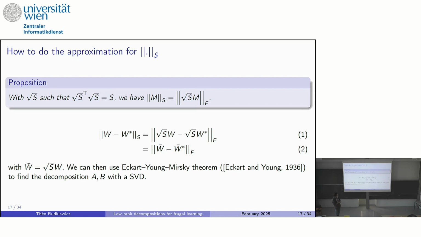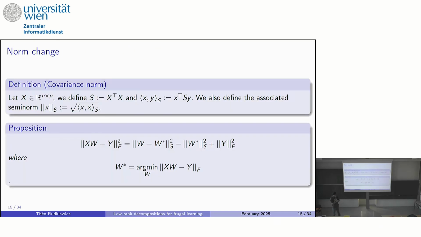And finally, by doing a change of variables, we can get back to a classical low rank approximation that can be solved thanks to the Eckart-Young-Mirsky theorem by SVD. So we have a closed form solution that is quite efficient to compute in practice. S is the covariance of the data, so X transpose X.